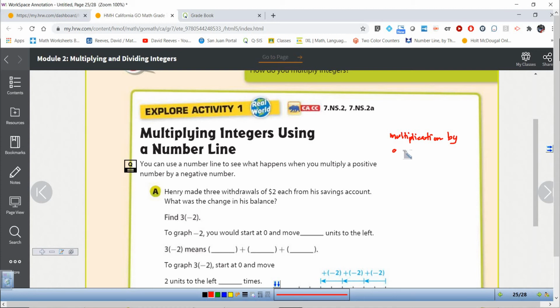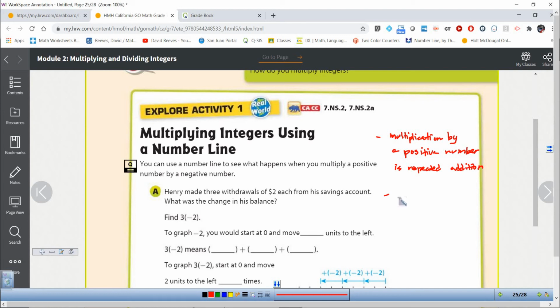Multiplication by a positive number is repeated addition. Got it?